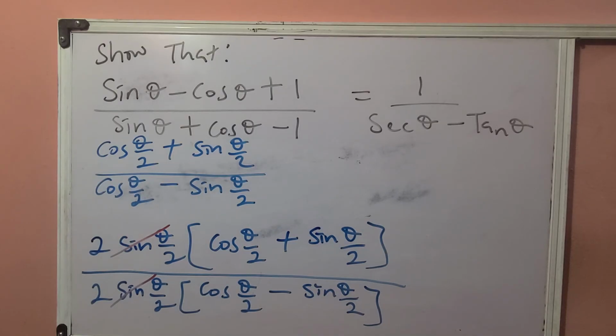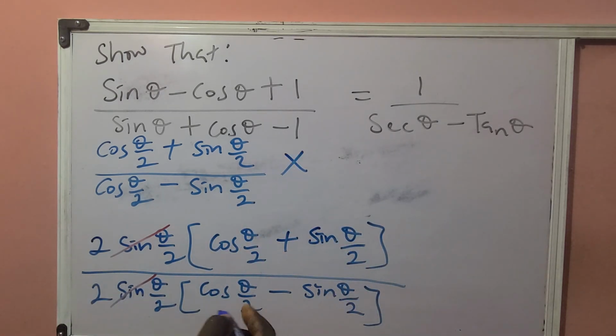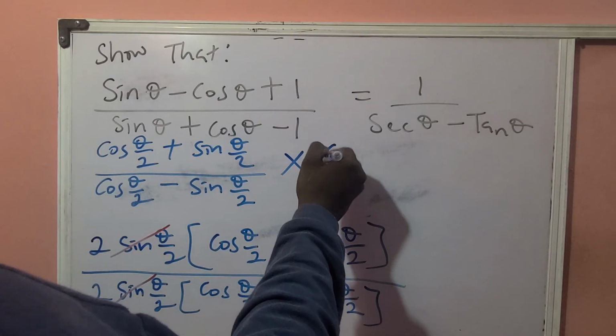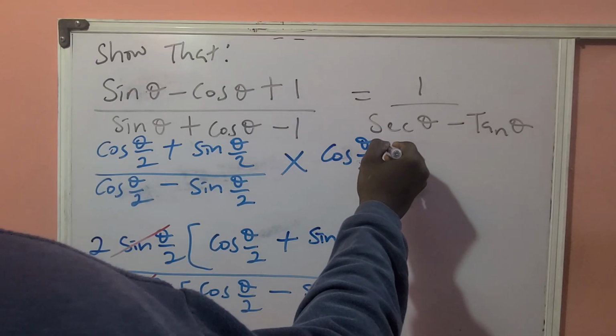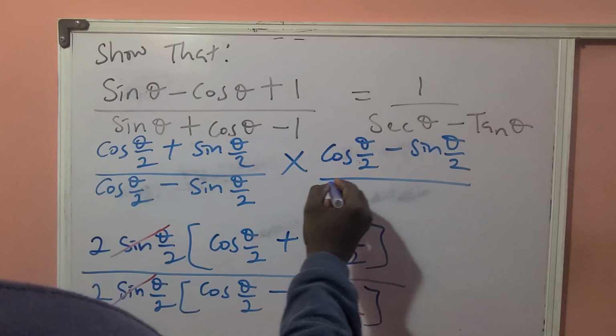So we're going to do something very interesting now, because we want to try and modify this work. This is what we're going to do. We're going to be multiplying by 1, but the one we're going to multiply by will be in this format. I'll tell you why we're doing that. We're going to multiply this particular function with cos theta over 2 minus sine theta over 2, over, of course, the same thing.